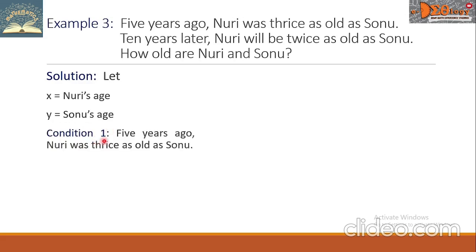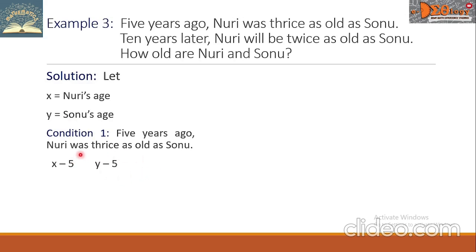Now the condition 1, 5 years ago, Nuri was thrice as old as Sonu. Let us represent the 5 years ago with respect to the age. So for Nuri, that is x minus 5. For Sonu, that is y minus 5.